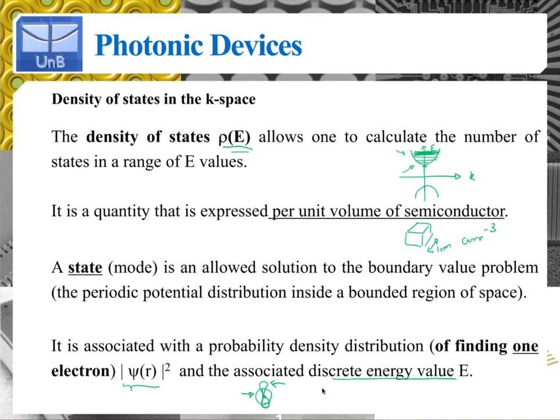The difference is that in a solid, instead of only one atom, you have a collection of atoms packed close together in space. But in this region where you have the solid, you also have a probability density function, which is not going to be exactly this, but will be a distribution inside the solid in three-dimensional space.